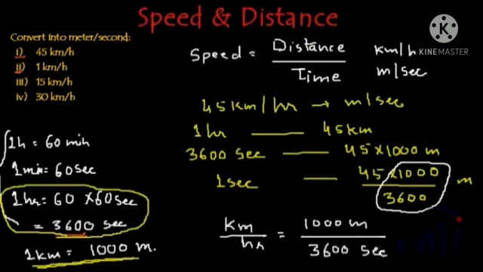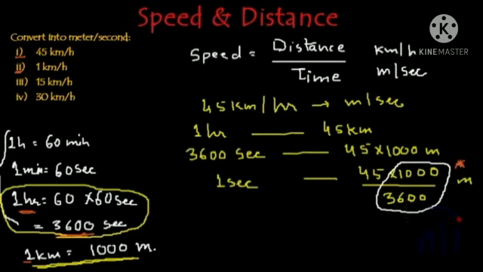To convert kilometer per hour, you are actually multiplying it by 1000 by 3600, isn't it? If we solve it further, two zeros will get cancelled. 2 5s are 10, 2 18s are 36. Or eventually, it will be 45 into 5 by 18.